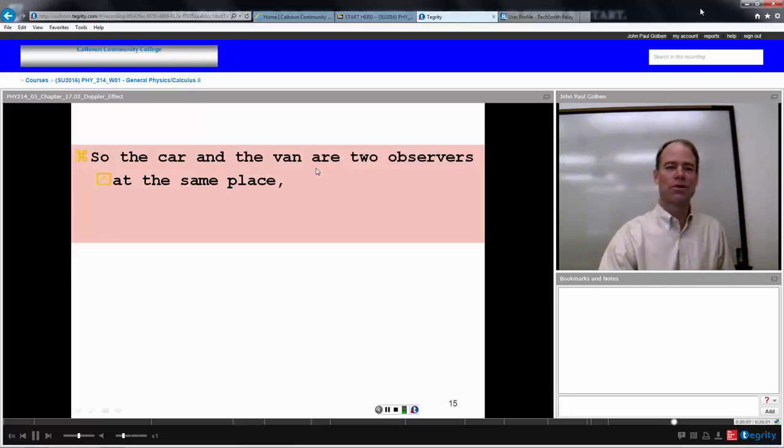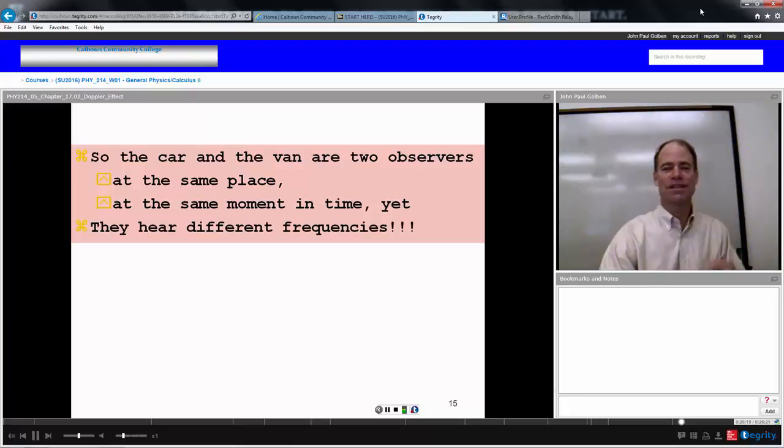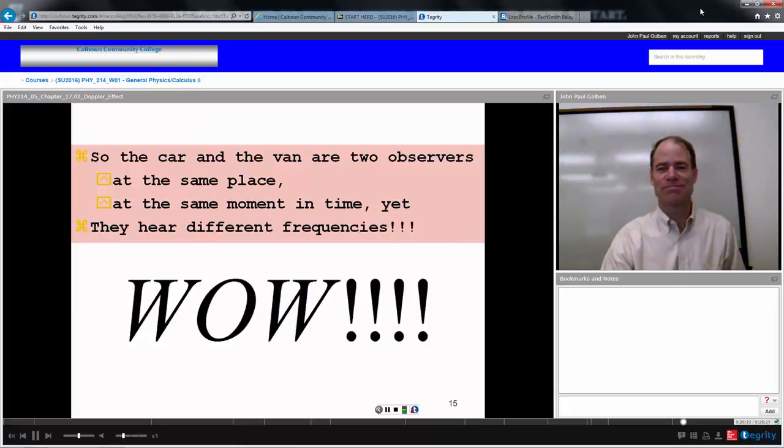So the blue car and the red car, I say car and van, it should be blue car and the red car, are two observers who are at the same place in the universe at the same moment in time, because the blue car is passing the red car at the same moment in time at the same place in the universe, yet at this moment they hear different frequencies. Wow.